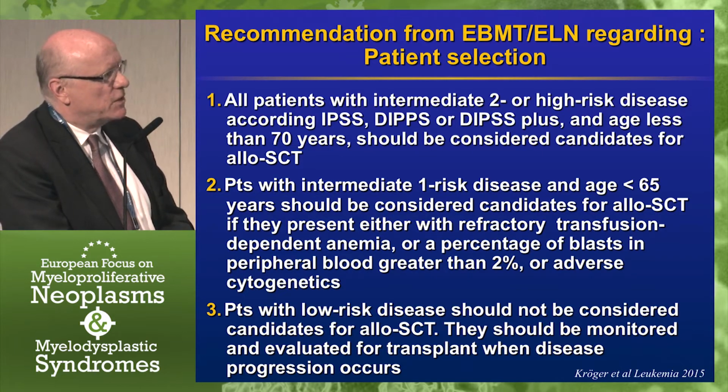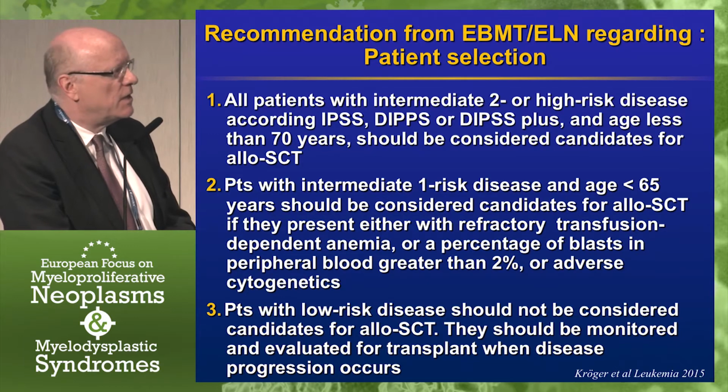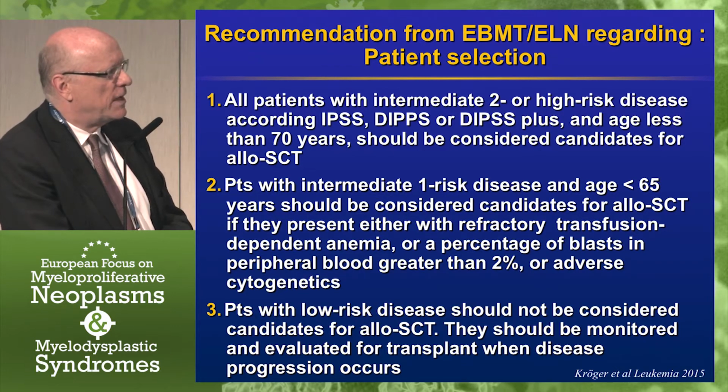Patients with intermediate 2 and high risk according to IPSS, DIPSS or DIPSS plus, and age less than 70 years, should be considered as potential candidates for the transplant. Intermediate 1 patients, age less than 65, should be considered as transplant candidates only if they have other risk factors like transfusion-dependent anemia, a higher number of circulating blasts, or adverse cytogenetics.